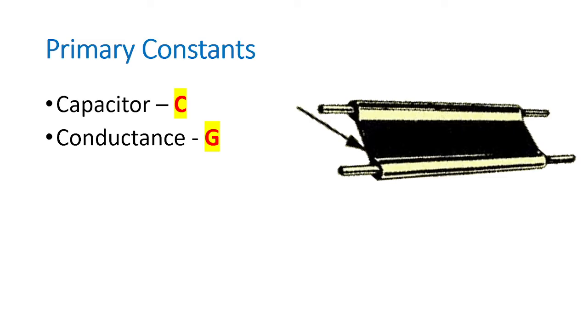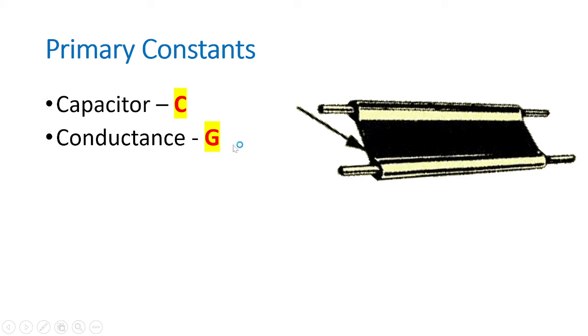The other two primary constants are capacitor and conductance. Any two conducting materials which are separated with some insulating medium form a capacitor. That gives you the capacitance effect. So you consider capacitance when we have a two conducting parallel line cable which is separated with some insulating medium. And whether it is insulated perfectly or not, practically there might be a little leakage current possible, and that leakage is called conductance.